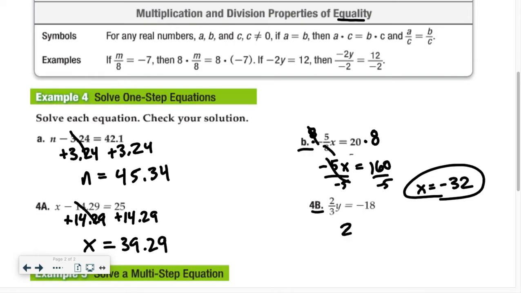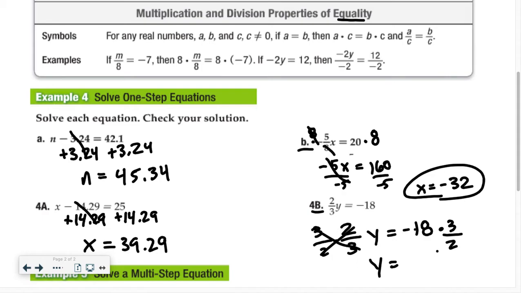You can also get rid of a fraction by multiplying by the reciprocal. Guys, it looks slick. You're going to multiply by 3, divide by 2. Multiply by 3, divide by 2. What are you actually doing? Still two steps. Negative 18 times 3. You can take your calculator. Negative 18 times 3, negative 54.